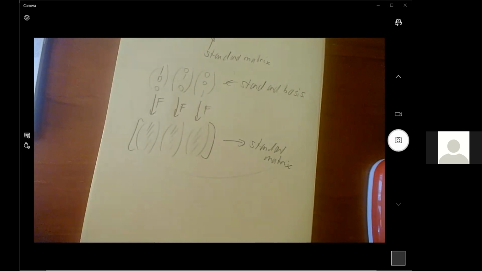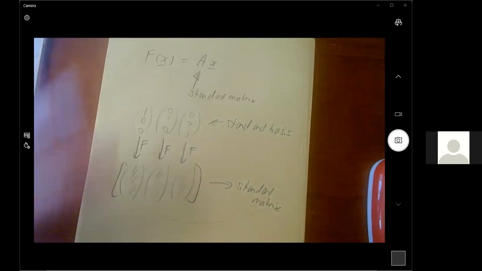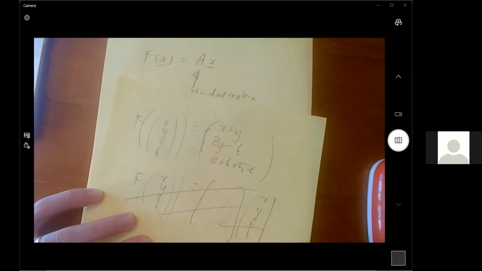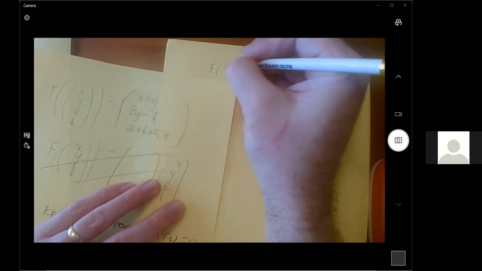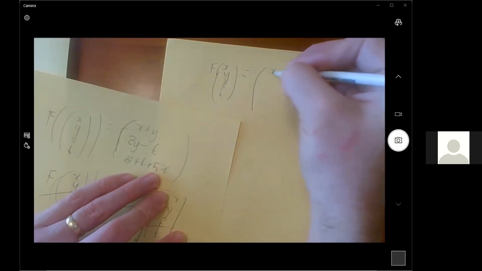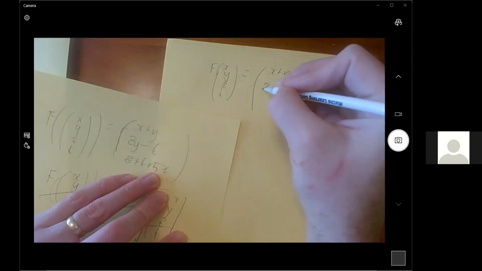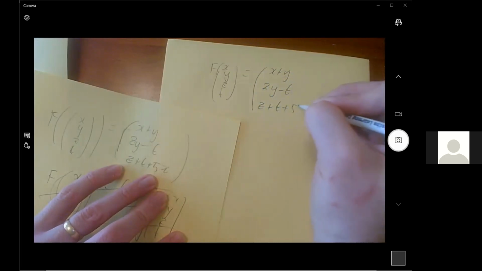So here we go. This is all well and good if you're given a lovely formula or a description of what your linear transformation does, like this, then there's lots of ways to find the standard matrix. You could go, okay, well, f of x, y, z, t is x plus y, 2y minus t, z plus t plus 5x.